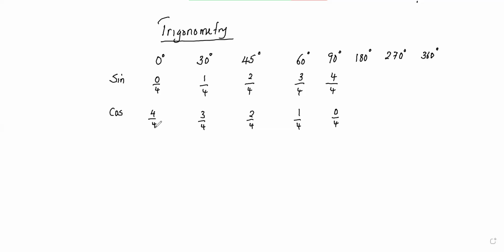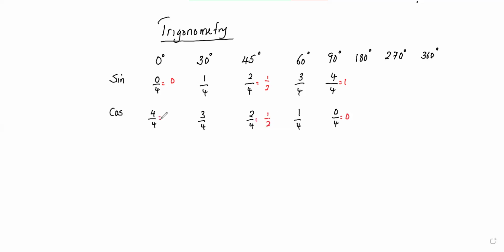So now you see, what is 0 over 4? It's 0. 1 over 4 is 1 over 4. This guy is 1 over 2. And this guy is 1. So this guy is 0, and this guy is 1 over 2.